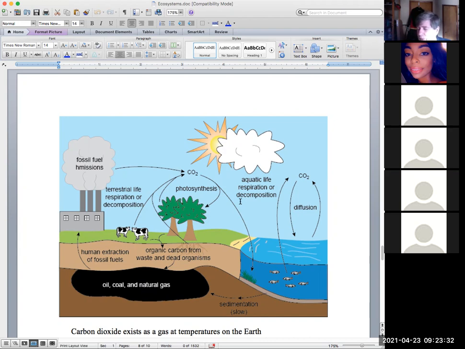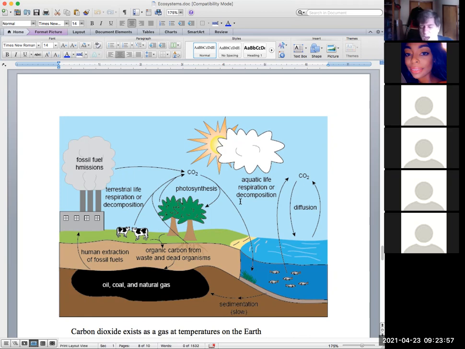So one of the reactants of aerobic cell respiration is oxygen. That's what the aerobic refers to. So for these organisms, for these decomposers, bacteria, fungi, protists, to effectively decompose something, they have to have a supply of oxygen. Sometimes living organisms die in environments where there's not that much oxygen.